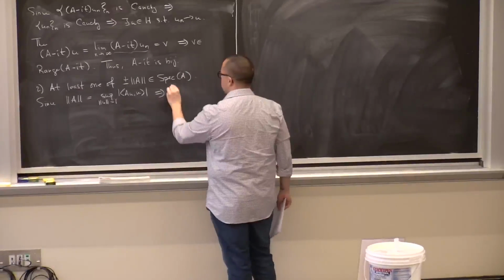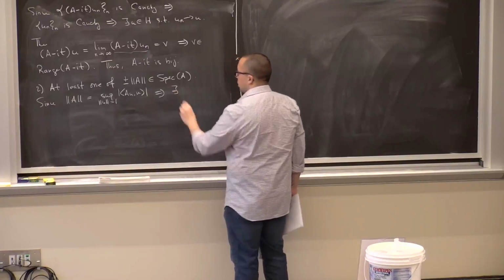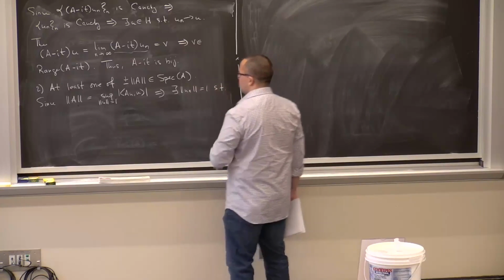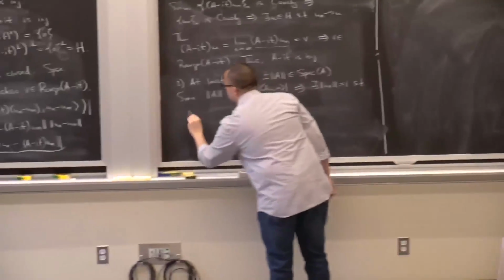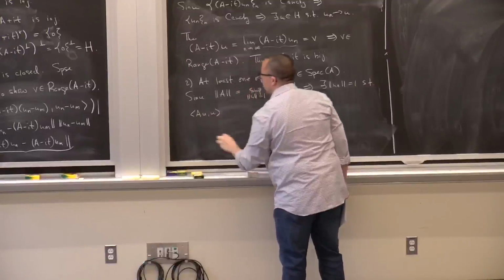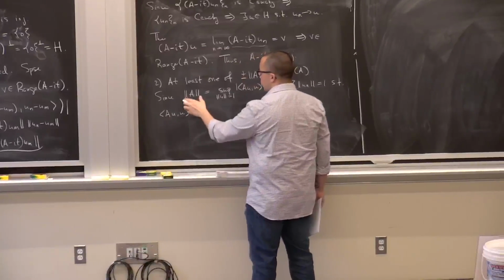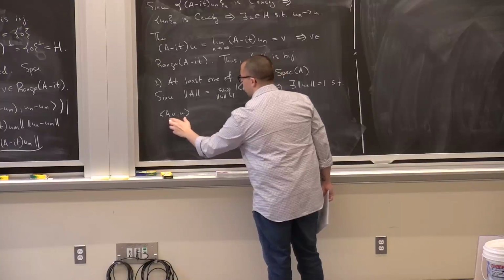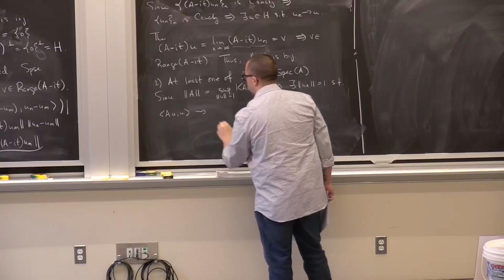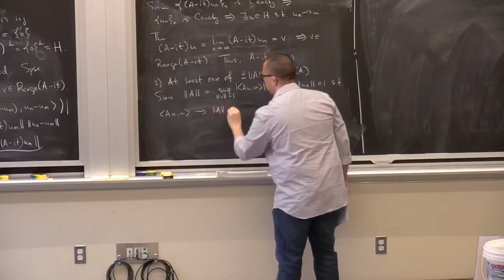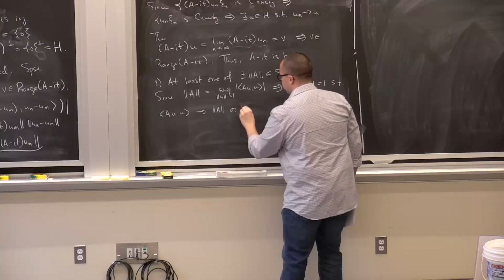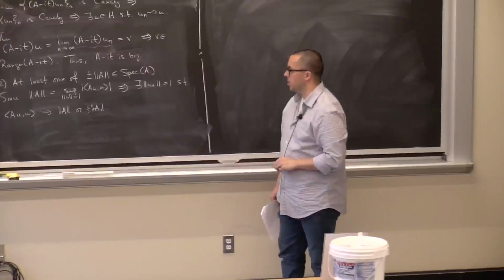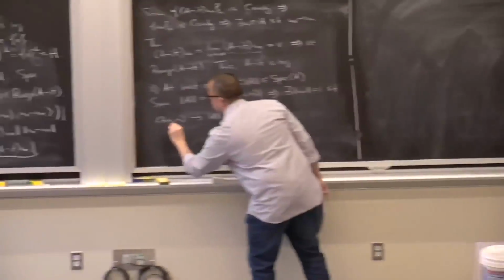So that implies that there exists a sequence of unit vectors so that the absolute value of the inner product of Aun with un has to converge to the norm of A. So in particular, the inner product of Aun with un has to converge to the norm of A or minus norm of A, as n goes to infinity.